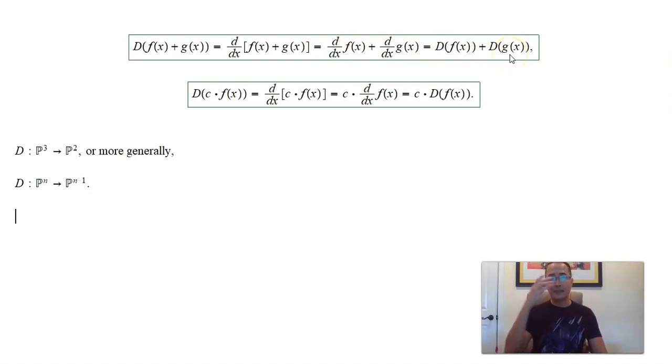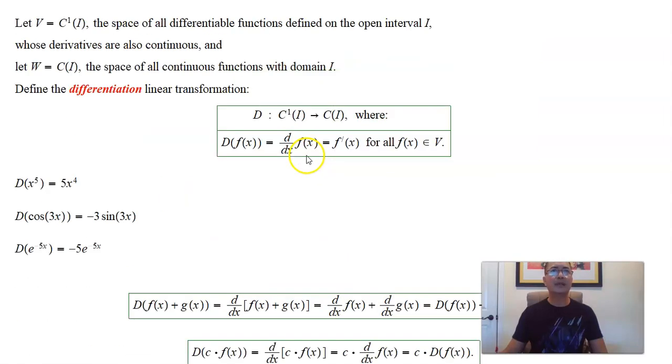That's your additivity. Similarly, what if we have a scalar multiple, c times f of x? What is its derivative? So the c just goes out, and you take the derivative of f of x. Wait a minute, that's D of f of x multiplied by c. There's your homogeneity.